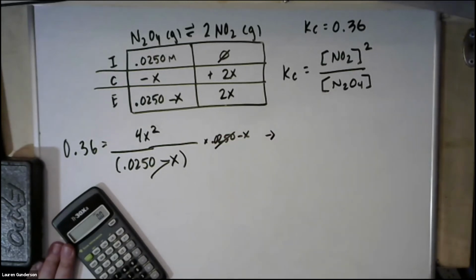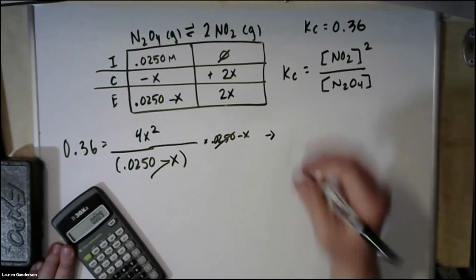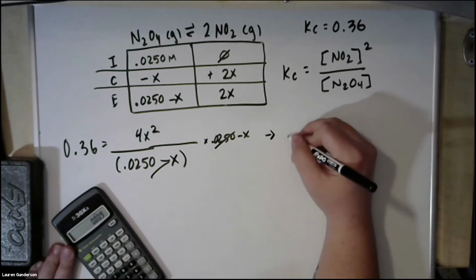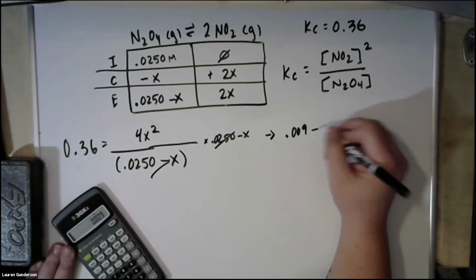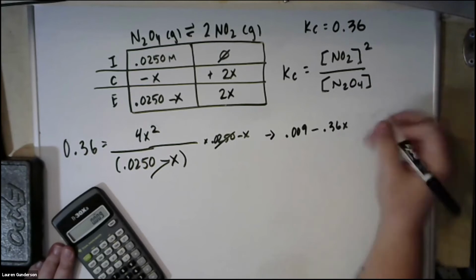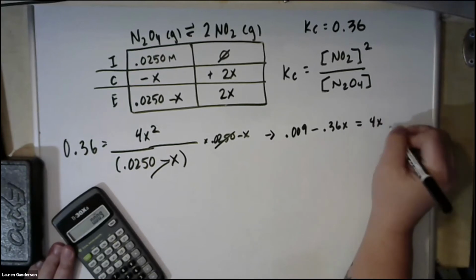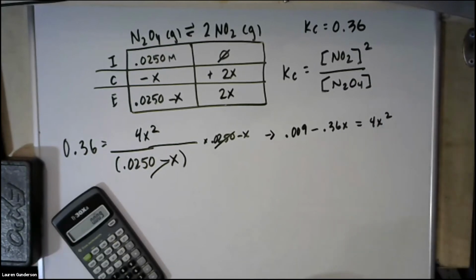We get 0.009 minus 0.36x equals 4x squared.